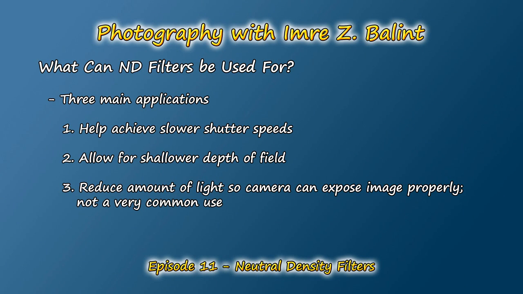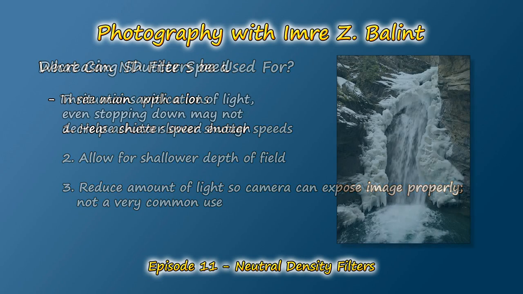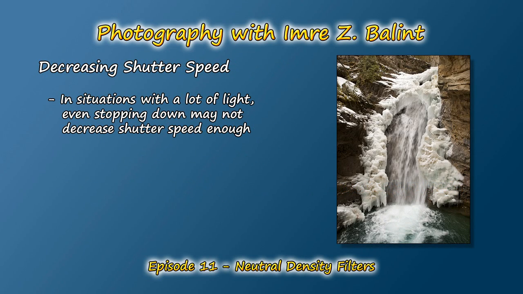Alright, so what can neutral density filters do for us? Well, most commonly there are three primary applications, and I'll start with how they can help photographers achieve slower shutter speeds when it might not normally be possible or very easy to do. For example, let's say you want to shoot a waterfall, but it's really bright and sunny outside, and instead of freezing the action, you want to get that silky effect on the water. Now, because there's a lot of light, even stopping down your lens to a tiny aperture may still result in shutter speeds that are too fast to get that silky look.